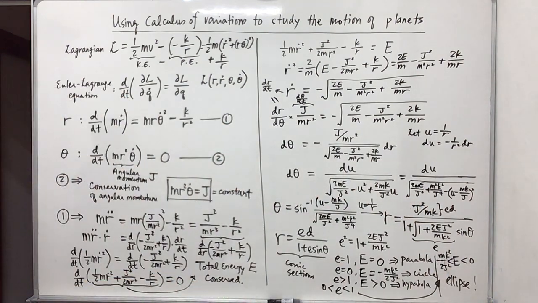Okay? So, starting with the Lagrangian, using the Euler-Lagrange equation, we discovered two important laws of physics: conservation of momentum, conservation of energy.